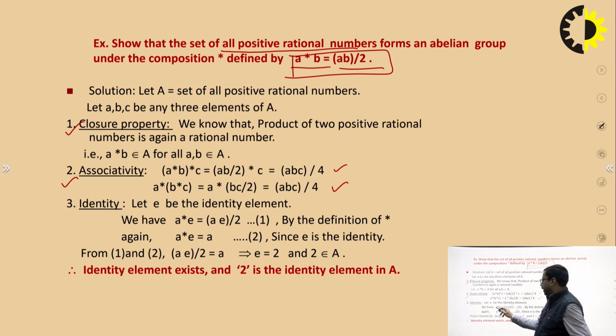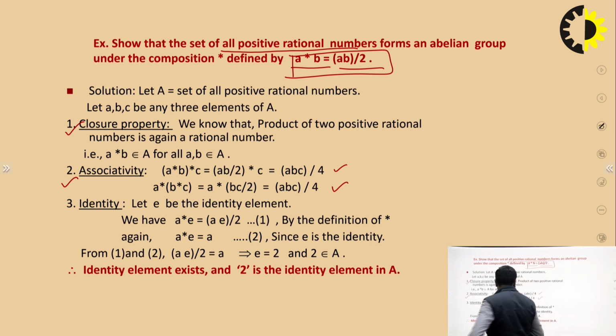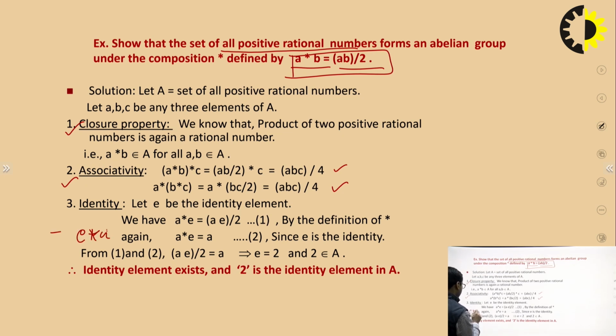Here the term a star e will contain ae upon 2, according to the binary operation mentioned in the given question. So the resultant value from such a manner will be equation 1. For the other one, that means e star a, that is ea upon 2, will contain the same value a.